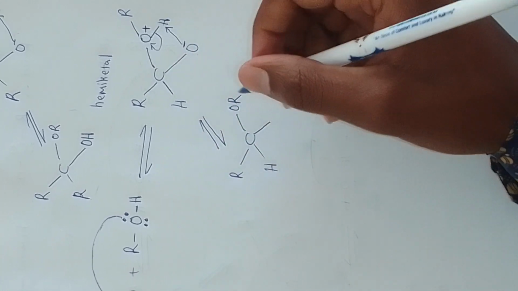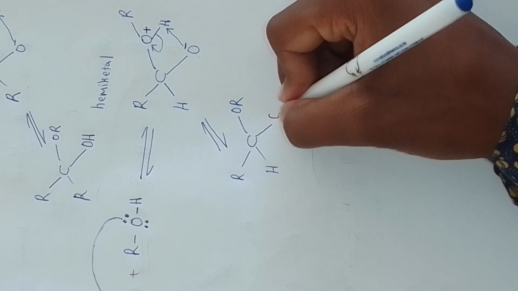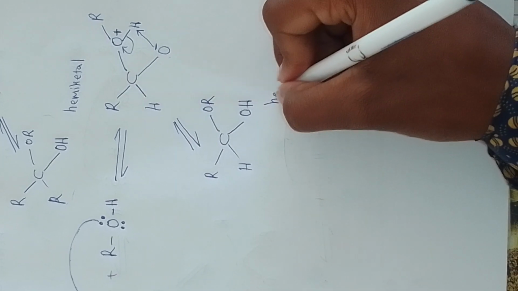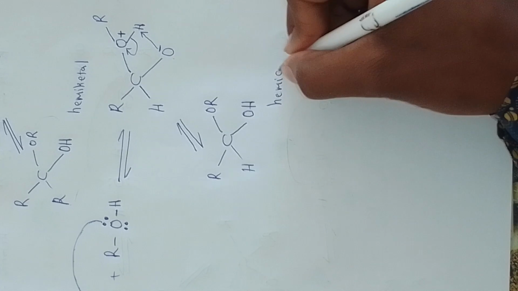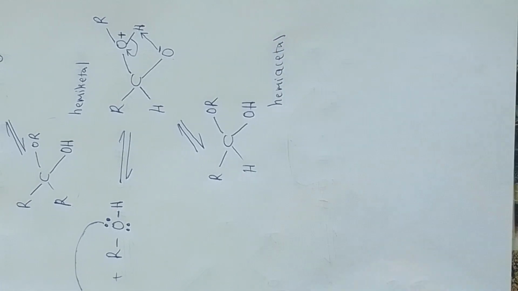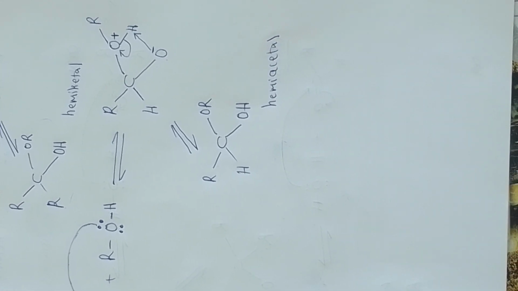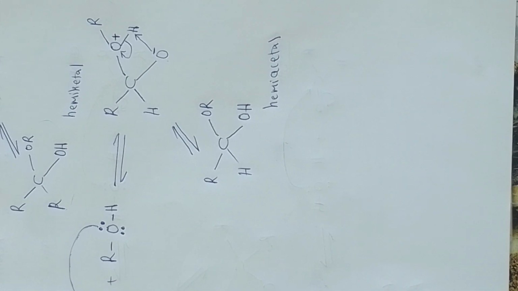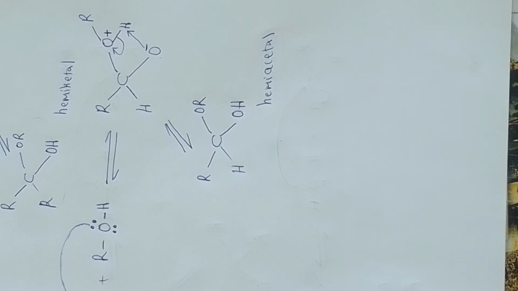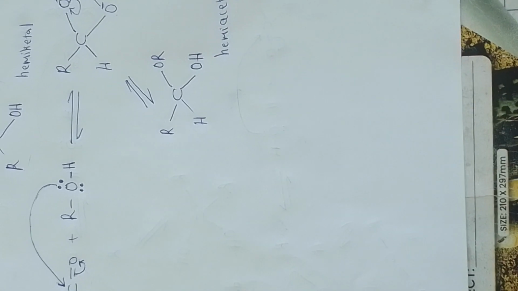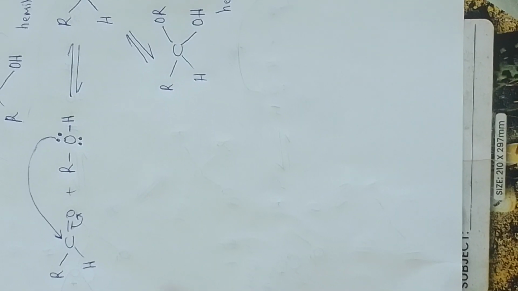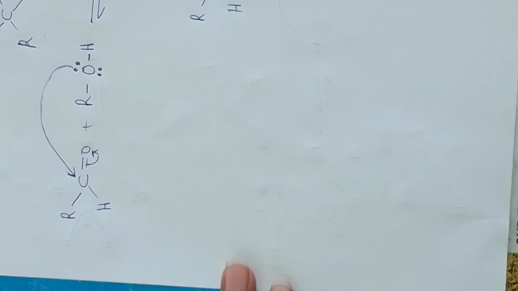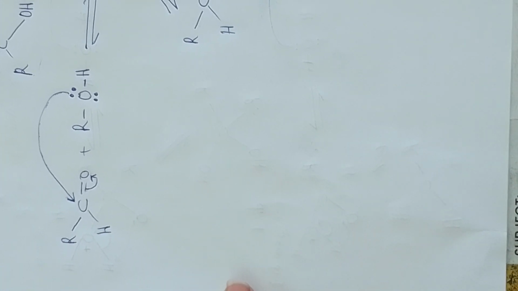And this oxygen will combine with the alkyl group. The resulting product is an acetal. Again, in our next video, we will look at the formation of hemiacetals and acetals, and also ketals. Now, the reaction of water and alcohols.